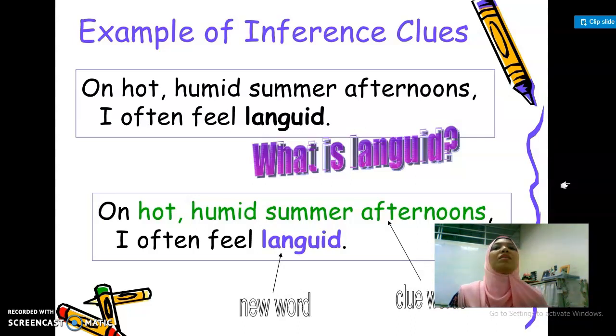Imagine a hot summer afternoon. Even though we don't have summer, you know how hot Malaysia is, so you can equate that to summer. I often feel languid. What is the meaning of languid? You can understand that when it's hot, when it's afternoon, I often feel languid.